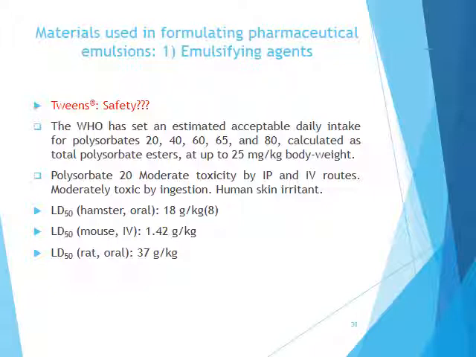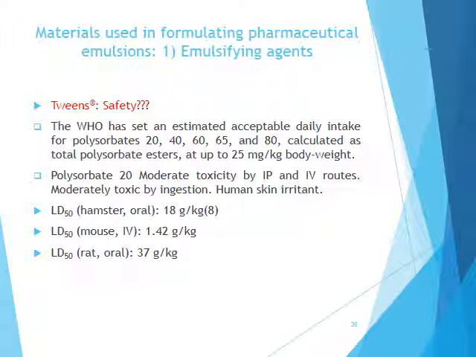The LD50 for hamster oral is 18 gram per kg, while the LD50 in mouse by IV route is 1.42 grams per kg, and the LD50 in rat by oral route is 37 grams per kg.